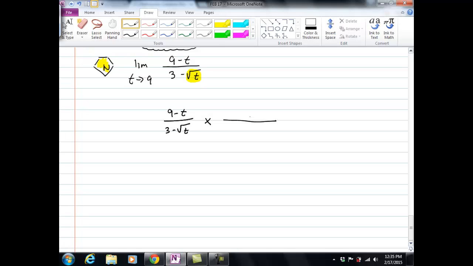What's the conjugate going to be? Good. The only difference is the sign changes to a plus. Anytime you have a square root, there's a good chance it's based on conjugates.